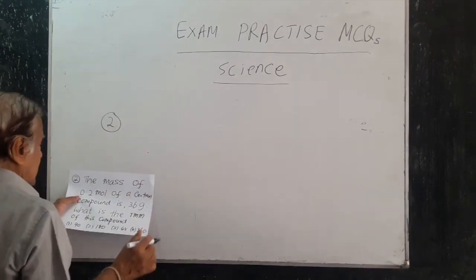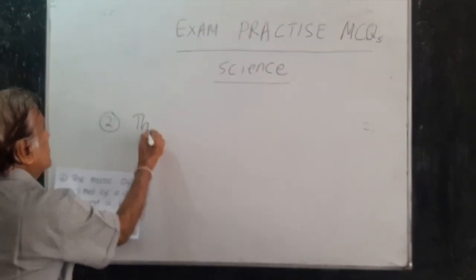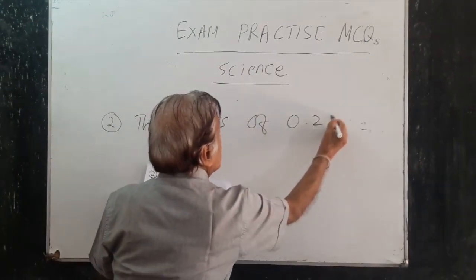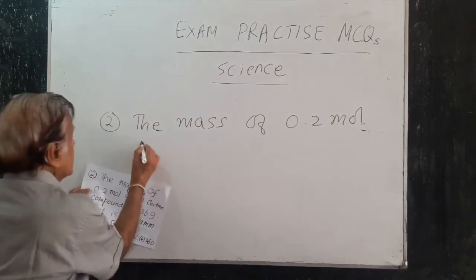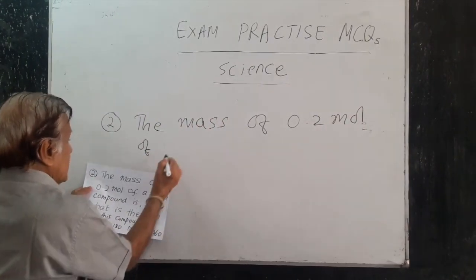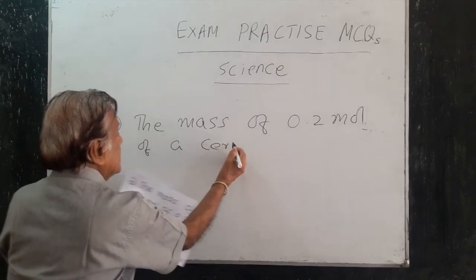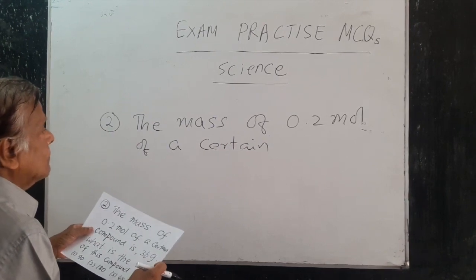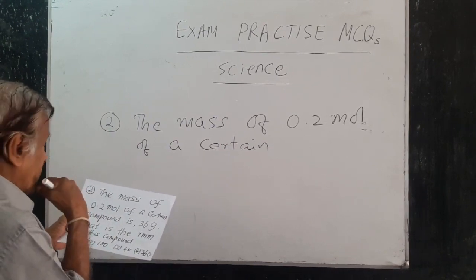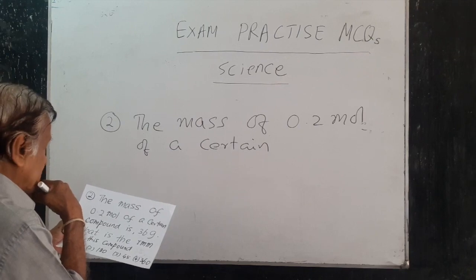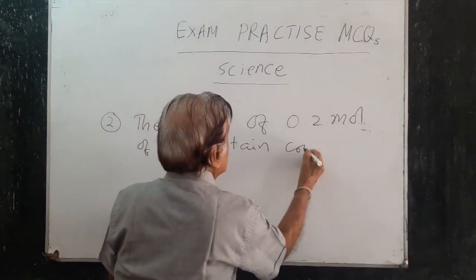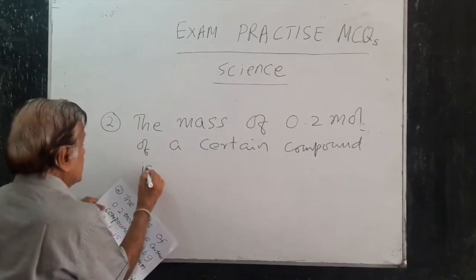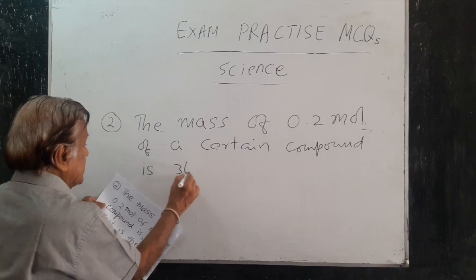Second one, the mass of 0.2 moles of a certain compound is 36 grams.